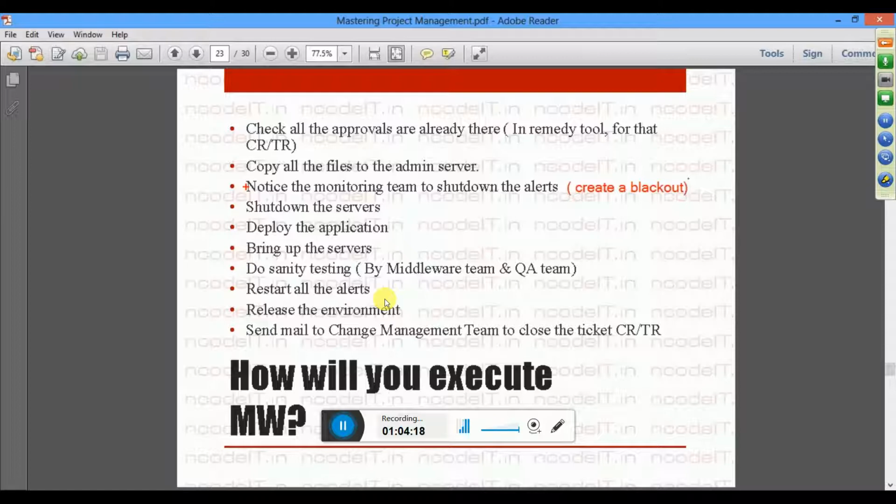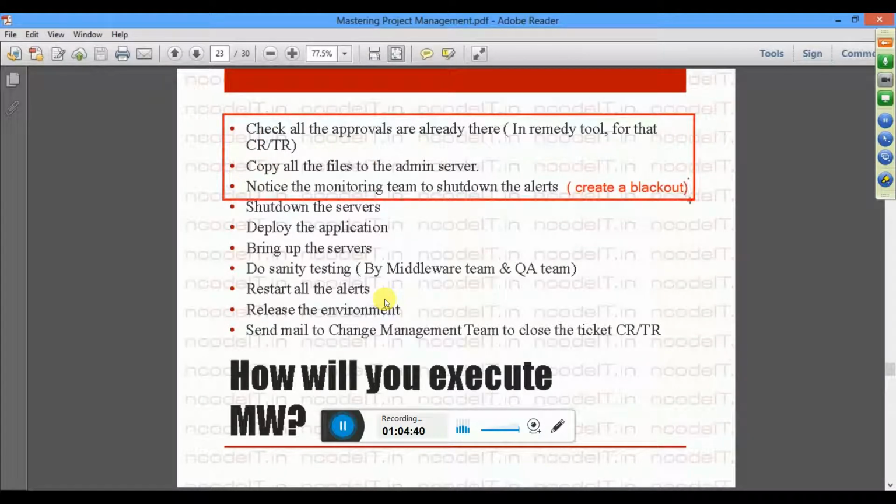What we are going to say is there is a CR, so please make sure that for this time we are going to shut down the servers, so don't send out any alerts. The tool has a facility that it will not send out any alerts during this blackout time. Now once you have finished these activities, technically you haven't done anything yet, but this is a process, and the process is important.